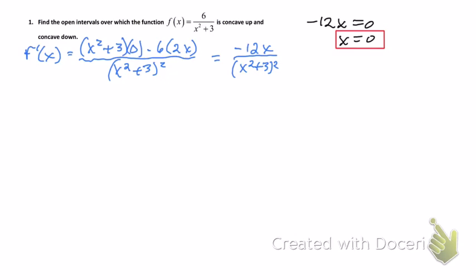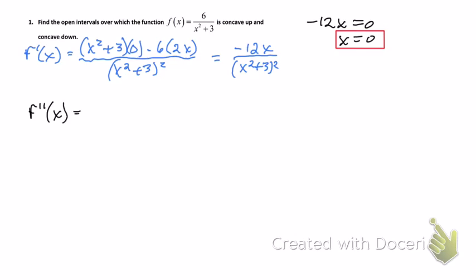Because we're squaring the whole thing, there's no value to make it 0. Right. So what's my critical number for this thing? Just 0. So now I'm going to get the second derivative.